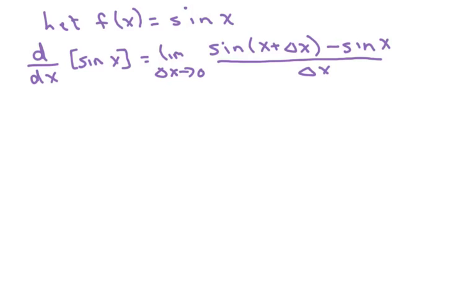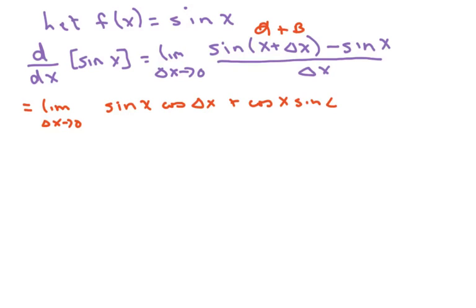Now I'm going to use my sum identity of sine. This would be your alpha, let's do alpha plus beta. So that's going to give you sine of x cosine of delta x plus cosine of x sine of delta x minus sine of x all over delta x.